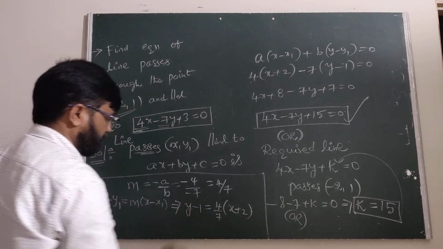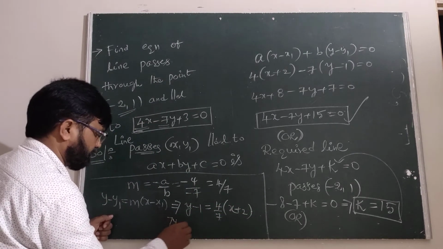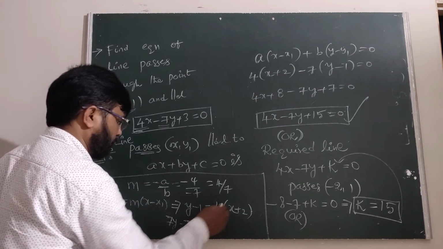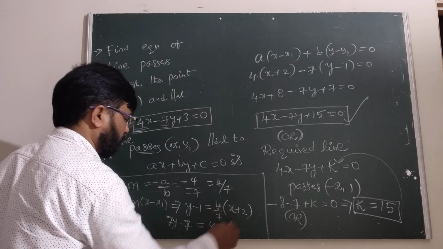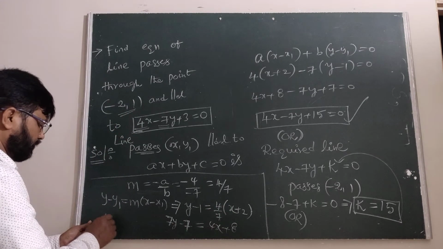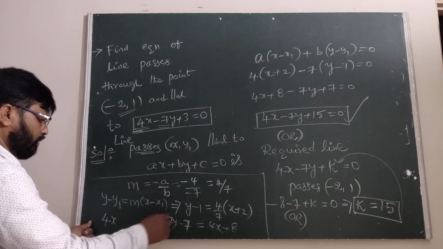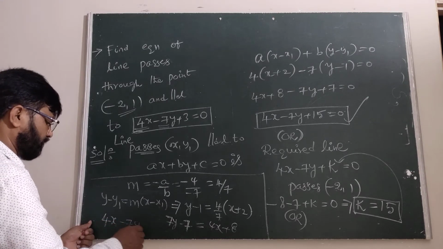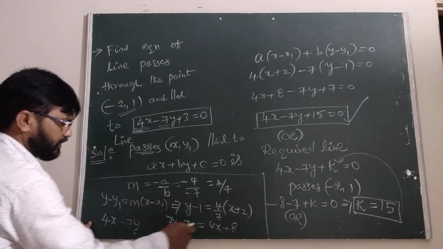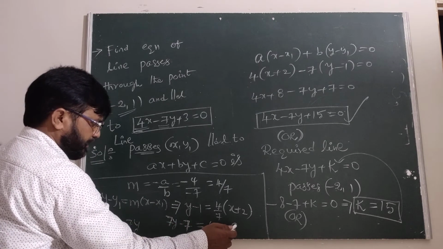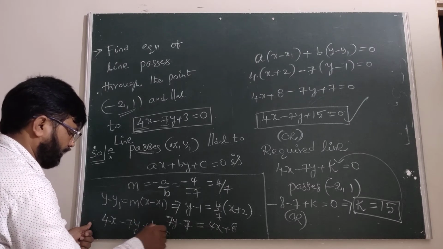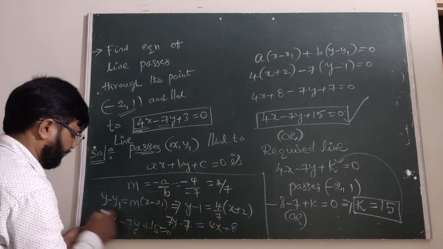Now cross multiplication: 7y − 7 = 4x + 8. Sending all to the other side, we get 4x − 7y, the −7 sent to the other side is plus 7, and 8 plus 7 is 15.